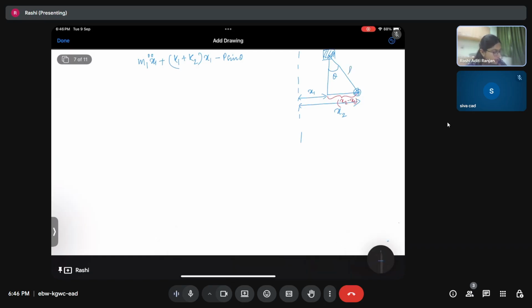And this is L. So we know that sine theta is nothing but perpendicular by hypotenuse, which is x2 minus x1 by L. So we can replace that over here for sine theta, and we get the new equation in terms of x2 as m1 x1 double dot plus k1 plus k2 x1 minus P into x2 minus x1 divided by L is equal to 0, right?